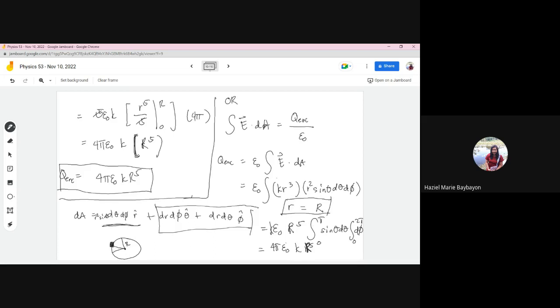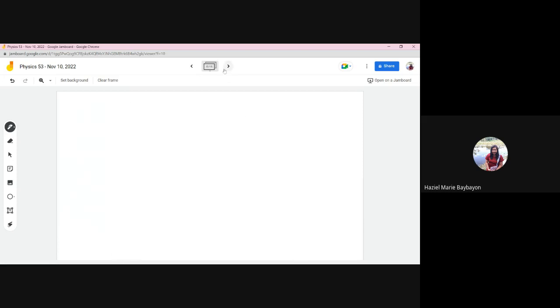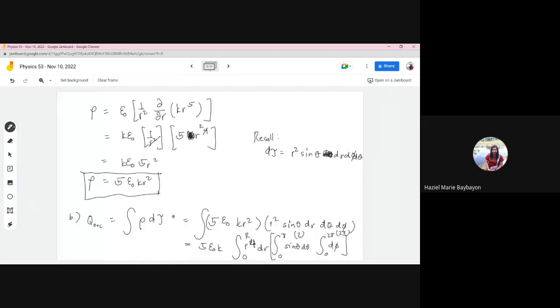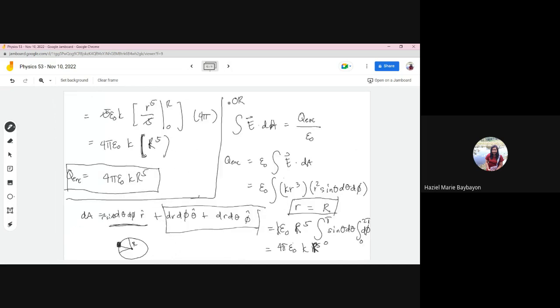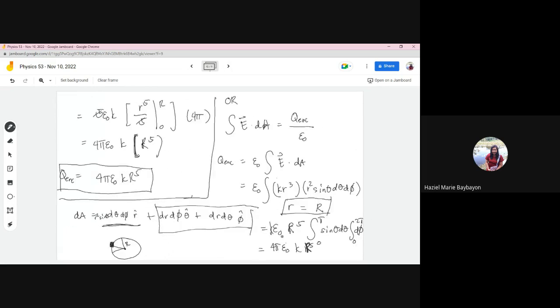Did you get it? Okay, so this solution involves volume integration, and this one involves surface integration.